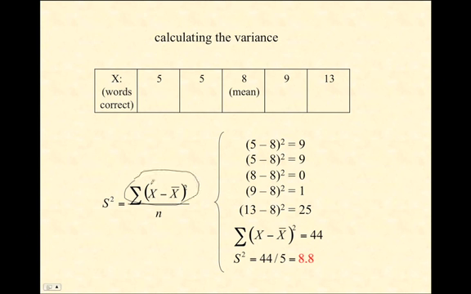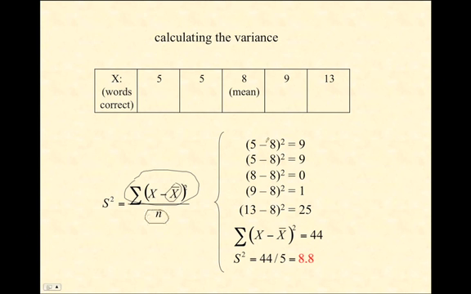That is, we take each individual score that a child earned, and we subtract from it the mean. Okay? We subtract the mean, and then we square that. And we do that for all of our scores. We then divide those by the number of kids, or the number of cases that we have.